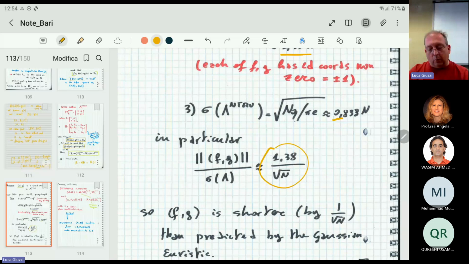The norm of the vector we have there can be proved to be of this order of magnitude. But what does this mean? It means that this vector is much shorter in the lattice than the vectors that we would expect. And so it's perhaps, if not the shortest vector, one of the shortest ones.